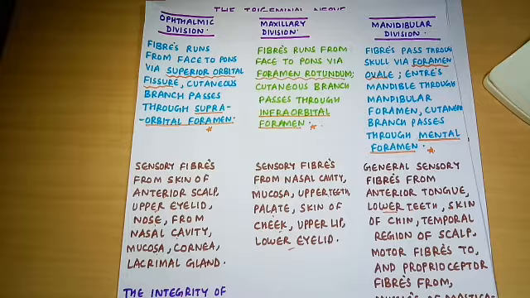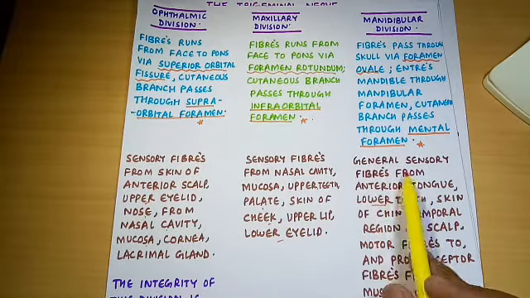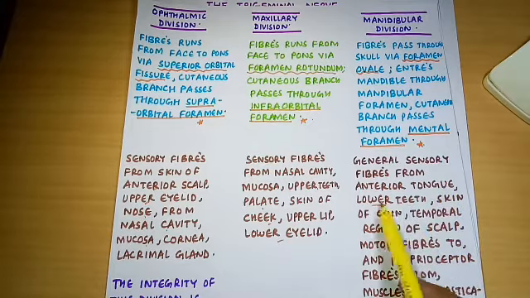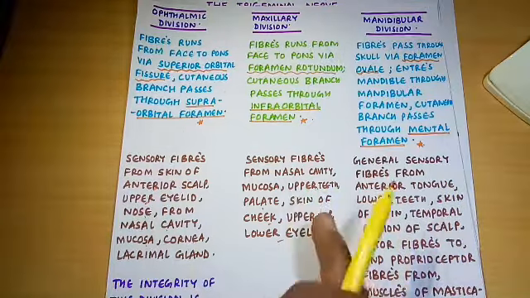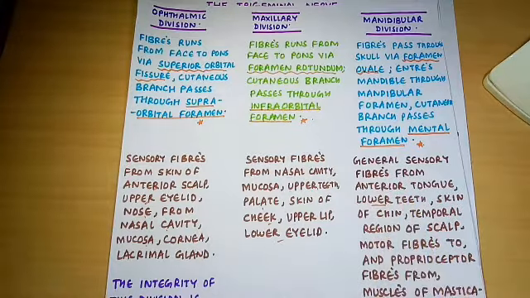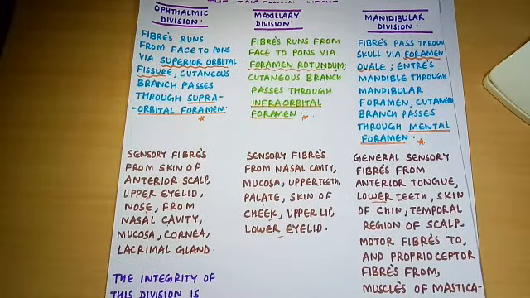The general sensory fibers of the mandibular division will innervate the entire anterior tongue and lower teeth. Upper teeth are innervated by the maxillary division, whereas the lower teeth are innervated by the mandibular division of the trigeminal nerve. It also supplies the skin of the chin, temporal region of the scalp, motor fibers, and the proprioceptive fibers from the muscles of mastication, isn't it?